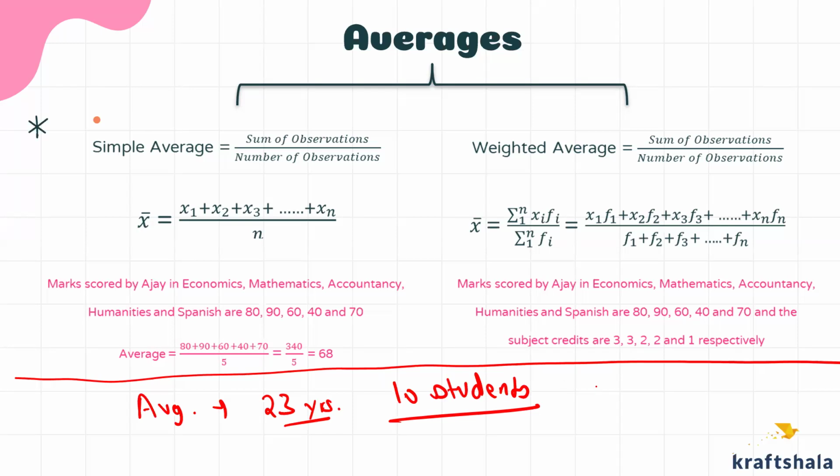There can be another scenario in which 8 students have the exact age of 23 years, the ninth one has the age of 22 years, and the question might be asking you to find the age of the 10th person. Now the average is 23.